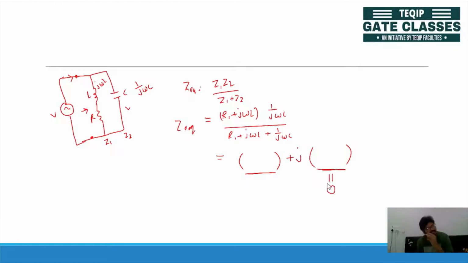So in any complex circuit, if you have to calculate a resonating frequency, you just have to find the equivalent impedance at this terminal, put the imaginary part of the equivalent impedance equal to 0, and you will get your resonating frequency.